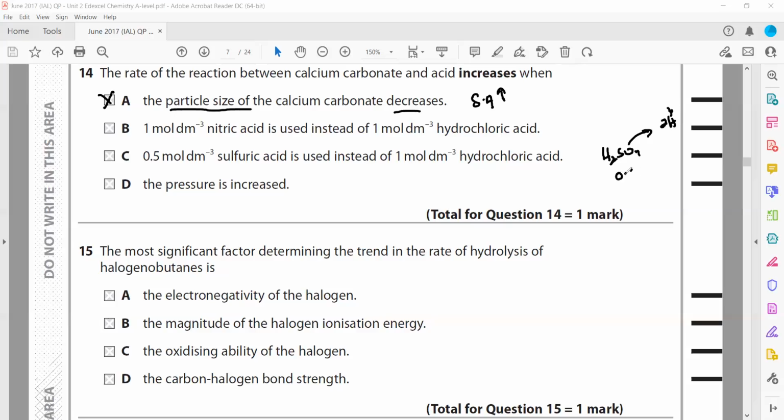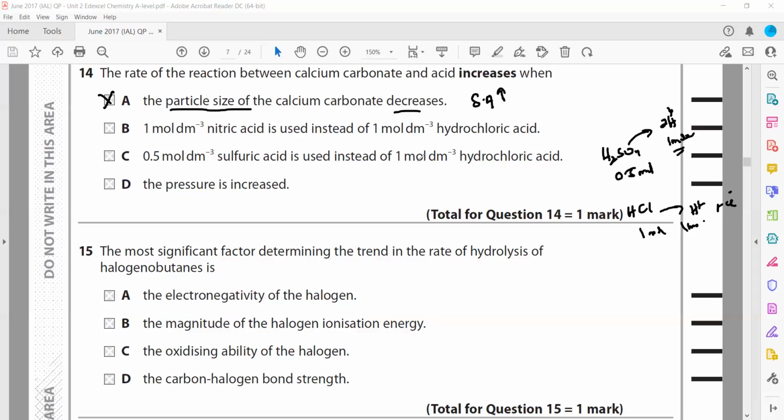So if we are using half a mole of sulfuric acid, it will give 1 mole of protons. And 1 mole of hydrochloric acid, HCl, will dissociate into H+ and Cl-, giving 1 mole of protons. So it's the same thing, it does not make a difference.